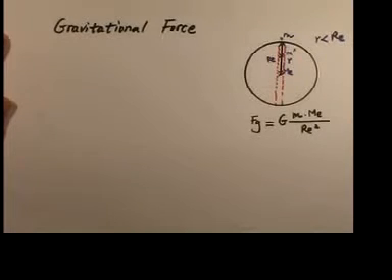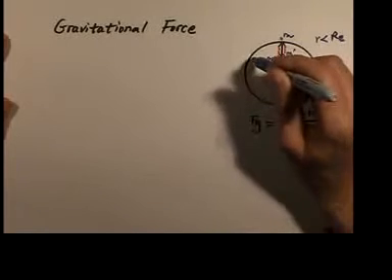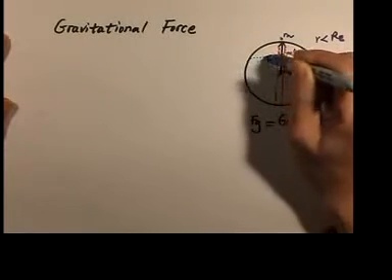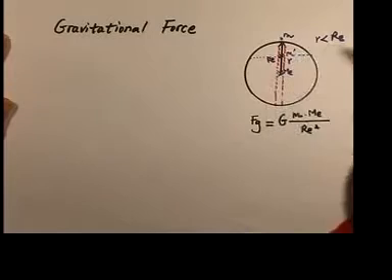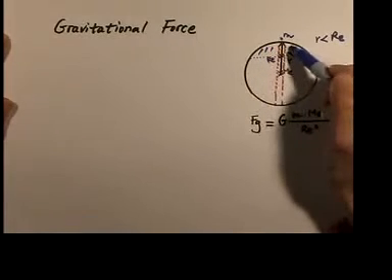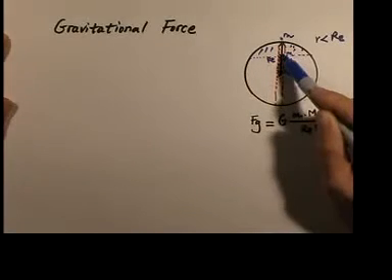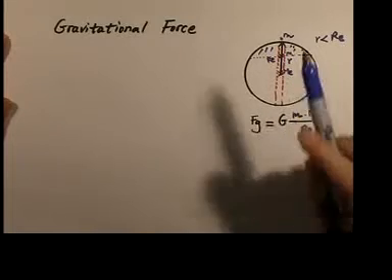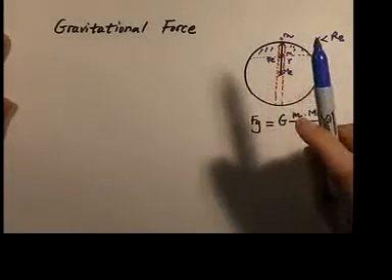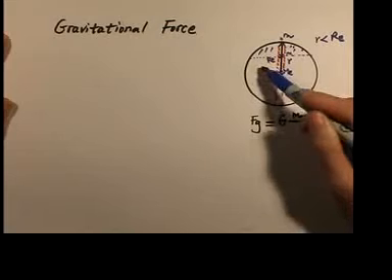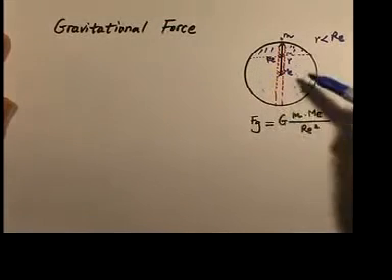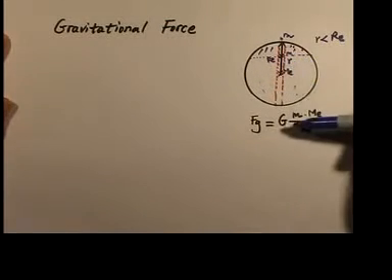Well, this is a little bit strange situation. Let's take a look at what happens. If we look at this line, all the mass above this line will attract m prime upward, so the net force is up. And all the mass underneath this line will attract m prime downward.